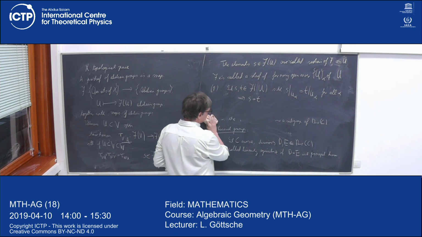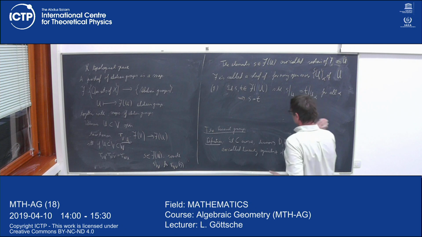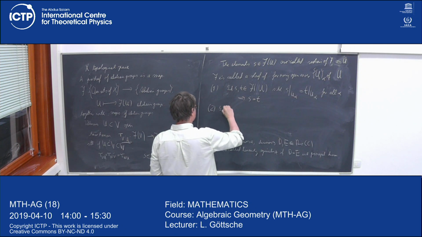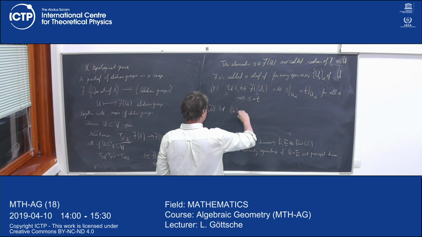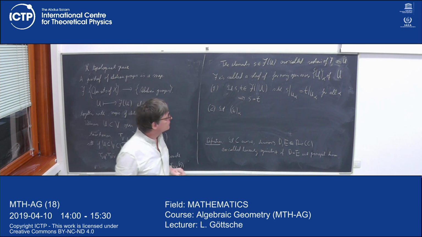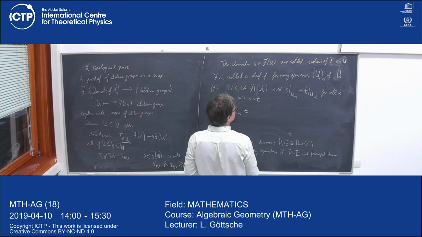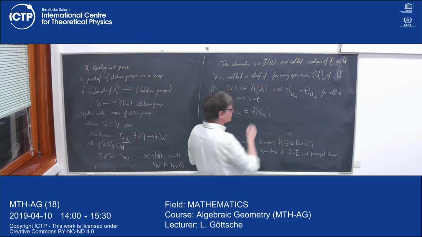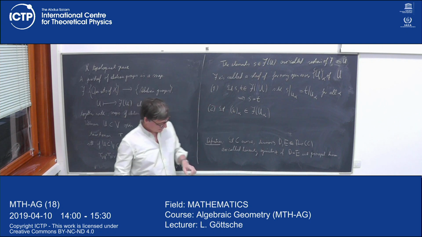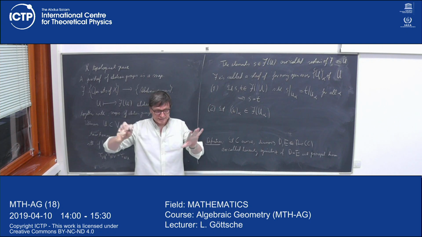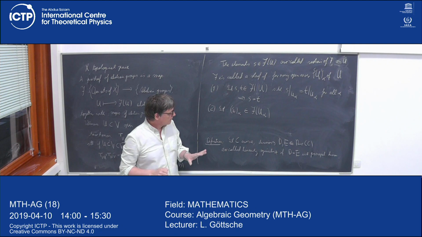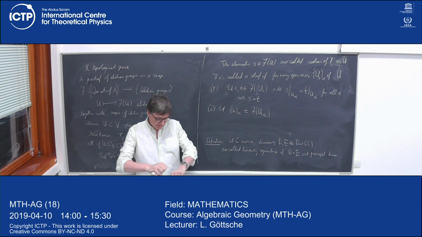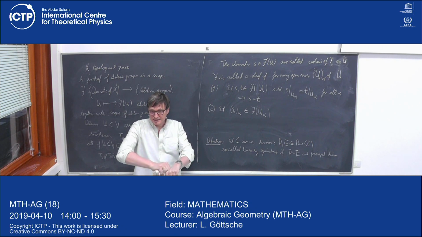And the second statement is you can construct sections locally. Let s alpha be elements in F of U alpha for this cover. For every open set of this cover, you have a section. Now you want to make one section out of all of them. Obviously, this can only be if on the intersection of the open subsets they are the same.